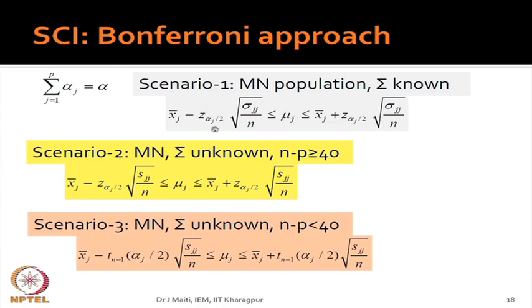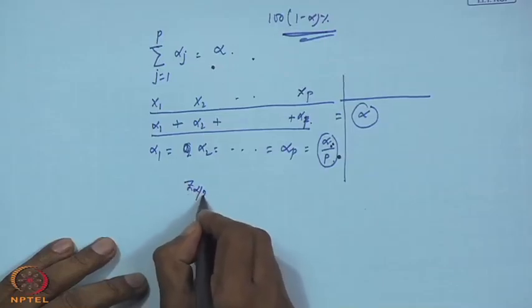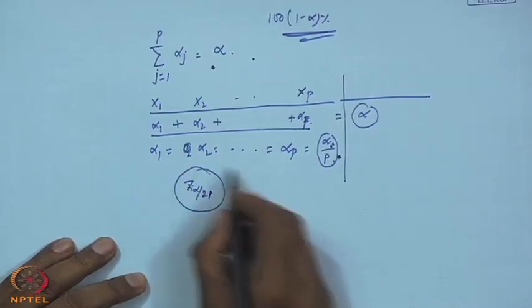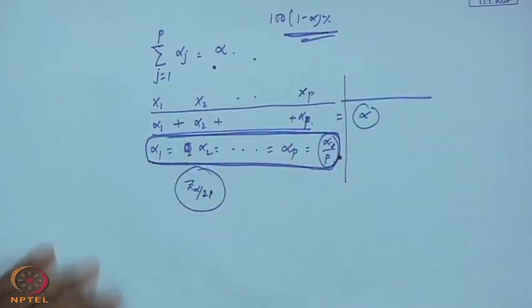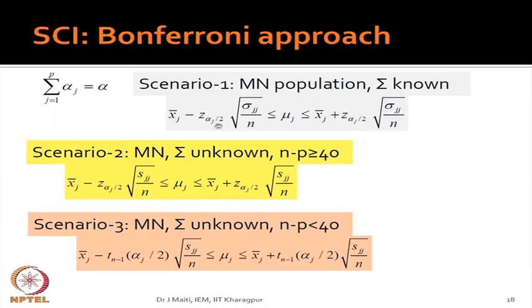First one we have already seen, that is z alpha by 2. Now, instead of z alpha by 2, you are writing z alpha j by 2, and here also z alpha j by 2. Now, if you give equal weightage, then this will be z alpha by 2p, and this will also be z alpha by 2p, when this condition is satisfied.